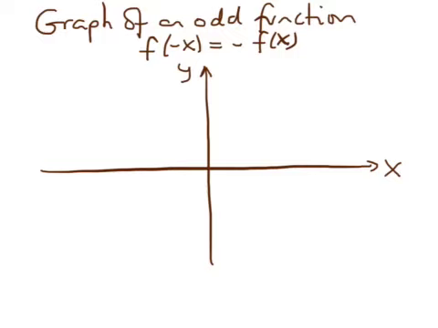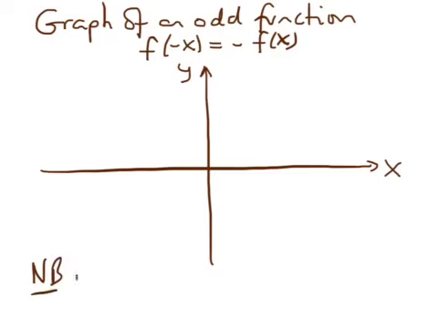And an odd function, we recall, is a function such that if you replace in the argument x by minus x, you get the same function back but multiplied by a minus sign. Now, there is a special case that I think is very important to think about, and this is when x is equal to 0.